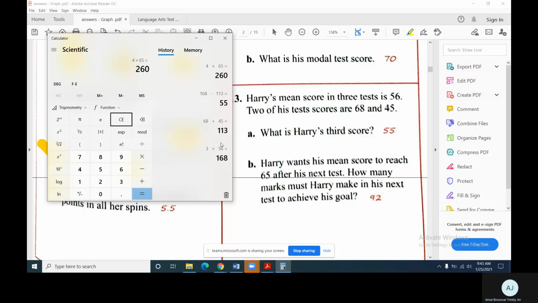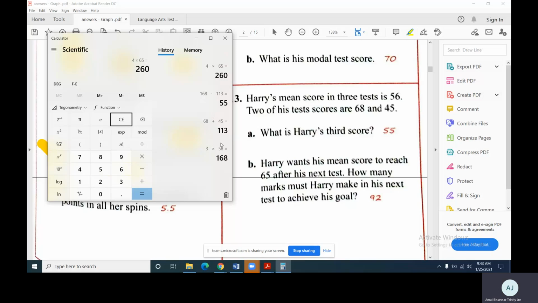260. So when he did test 1, it was 68. When he did test 2, it was 45. When he did test 3, which we just worked out, is 55. When he did test 4, we don't know what score he needs to get, but we know that he wants to make 260.